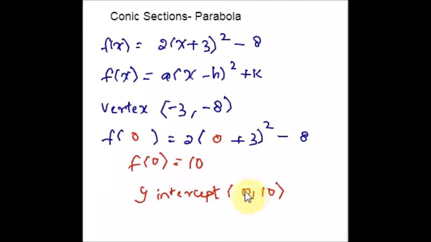Next, we need to find the x-intercepts. This means we will need to solve an equation. However, before we do that, we can actually tell whether or not we will have any, before even we start to solve the equation. In this case, in the place of a, we have 2, which is positive, so we know that the parabola will be opening up. Also, the vertex is a point below the x-axis.